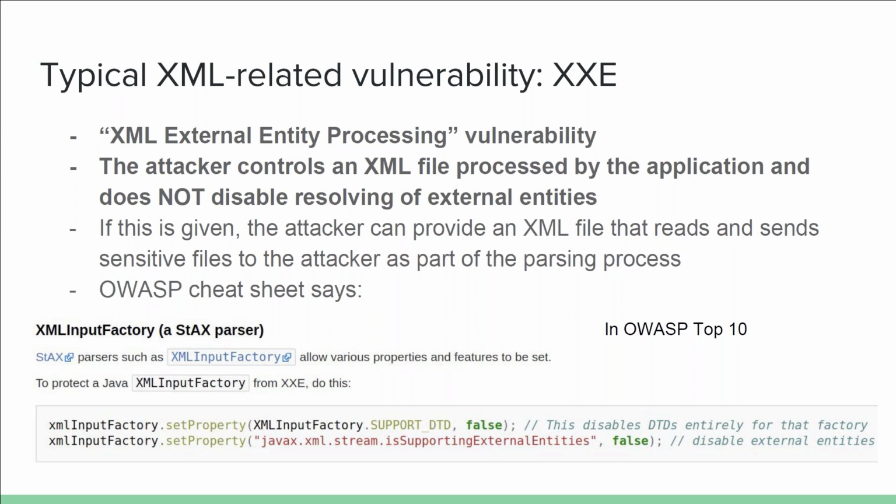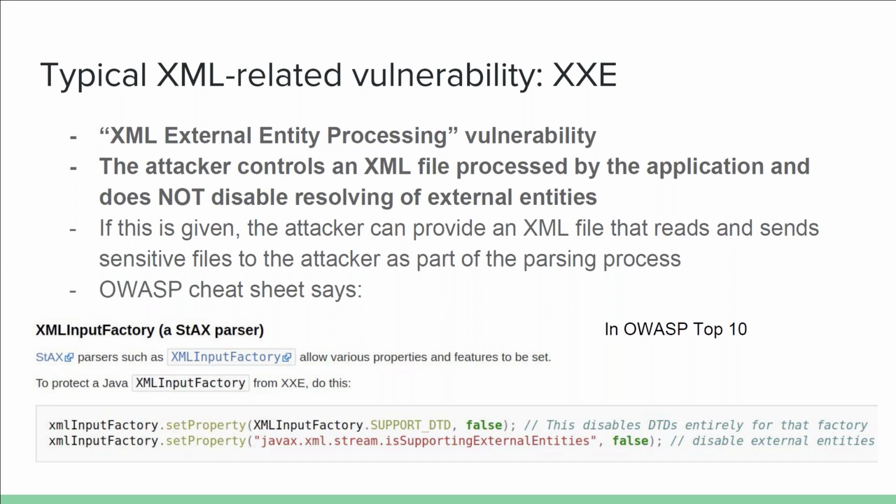And so the way this vulnerability works is if an attacker is able to provide an XML file, then if the XML parser is not configured properly, then they can actually reference external resources as part of the XML, and doing so, they can read files of the system and even post those files out again to the attacker. At least, so to date, they can do that via FTP still.